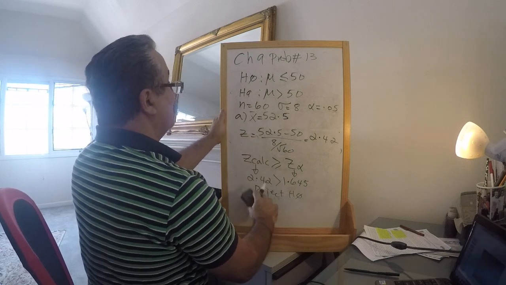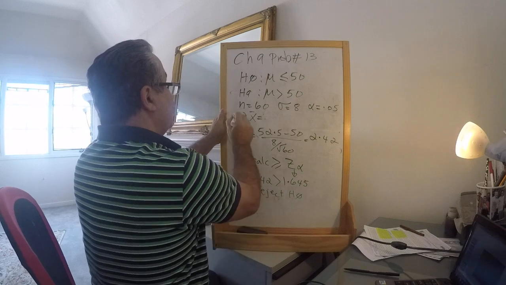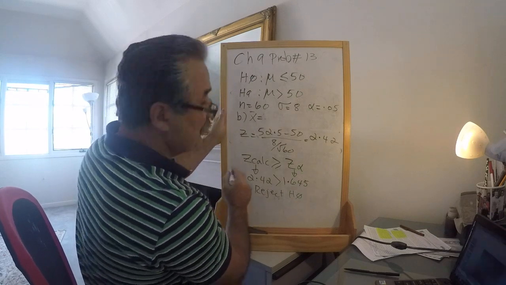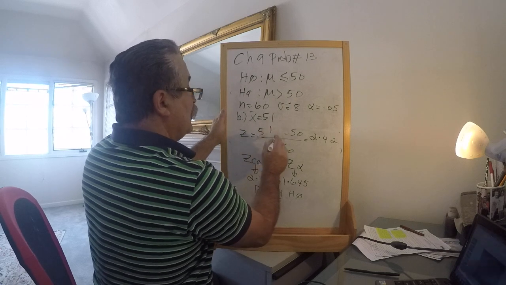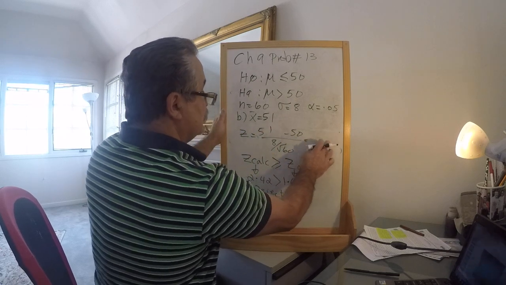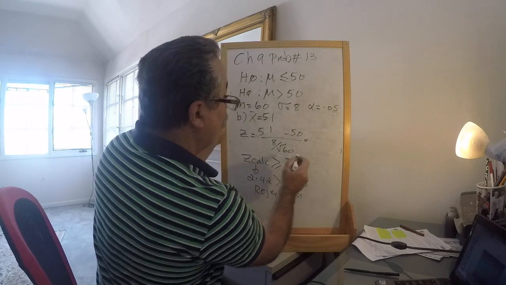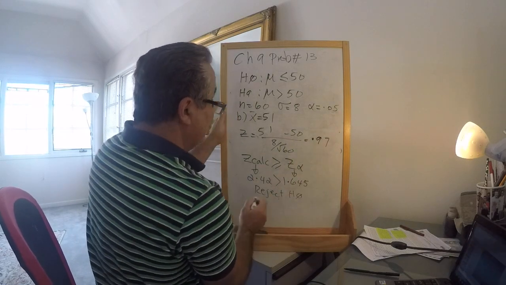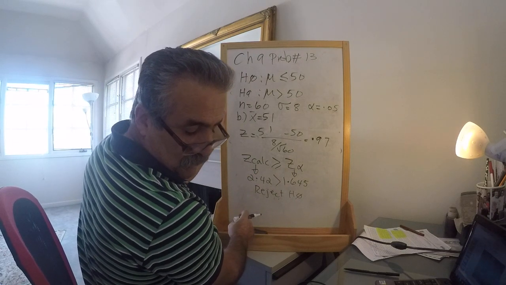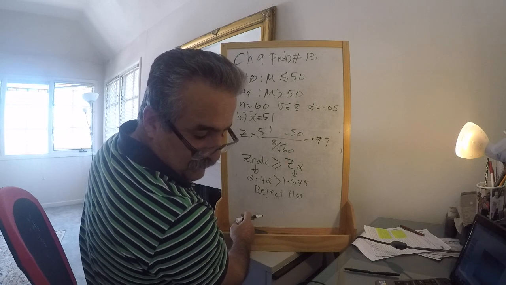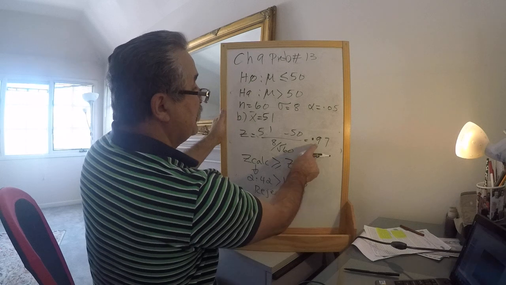Now let's do part B. For part B, they have x bar equal to 51, and z-calc is 0.97.